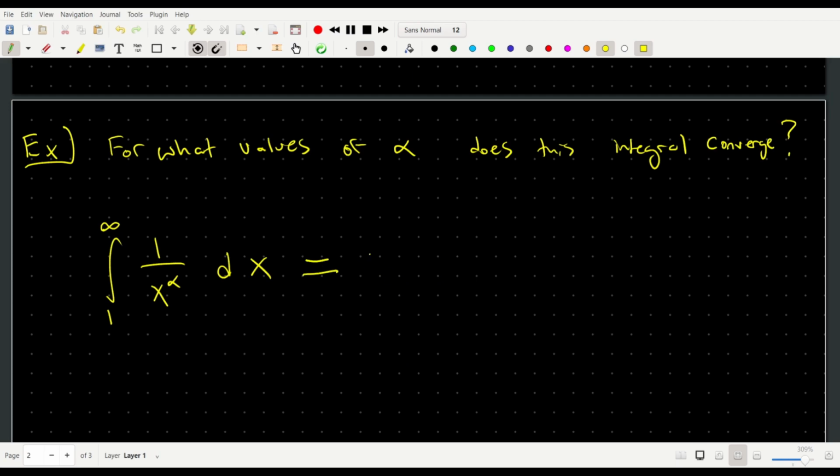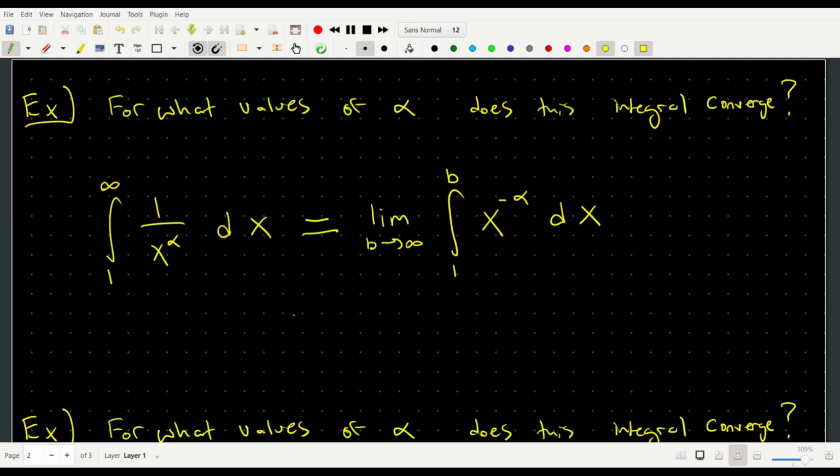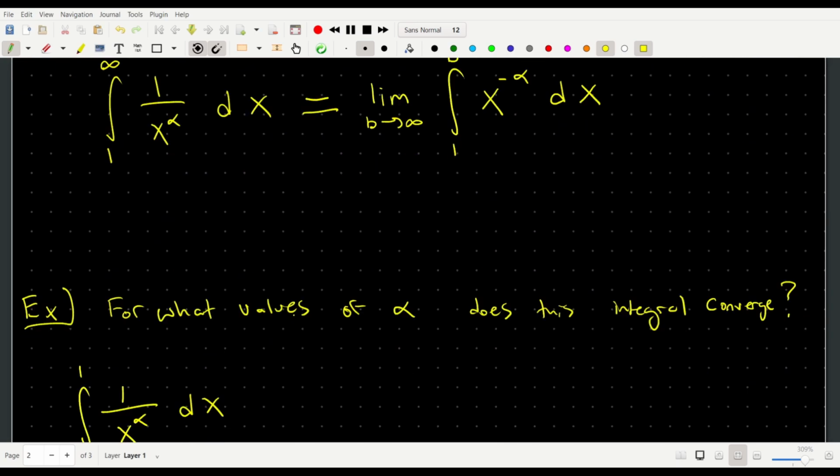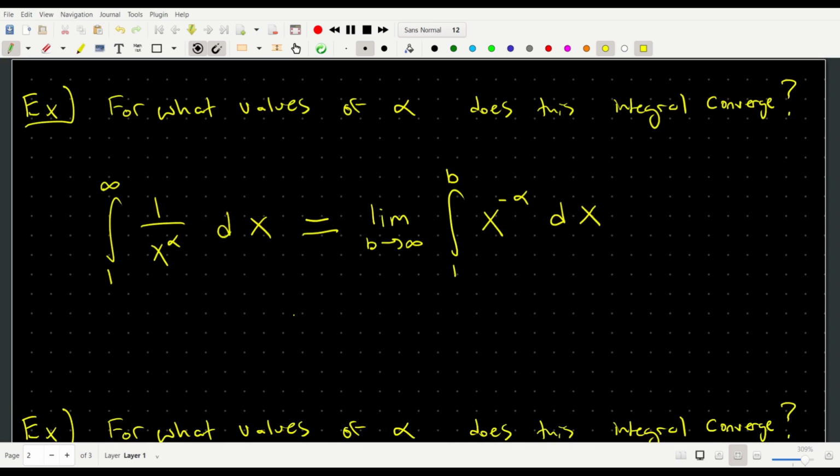We know that this is the same thing as the limit as b goes to infinity of the integral from 1 to b of 1 over x to the alpha, or x to the negative alpha, dx. And I should be very specific here.